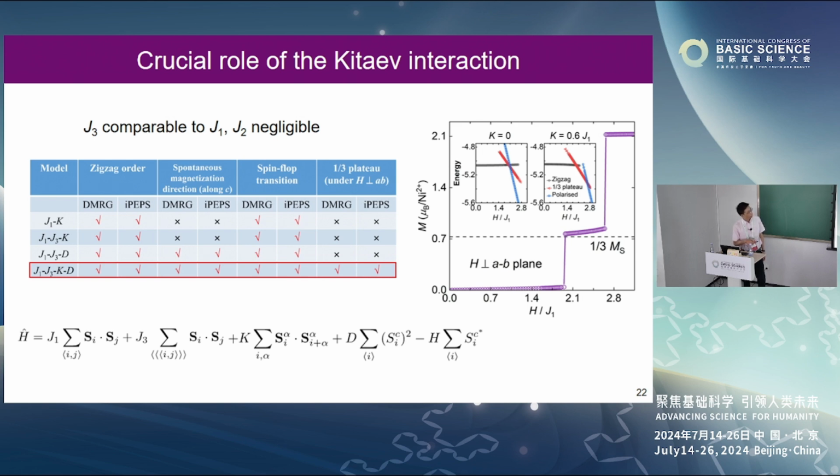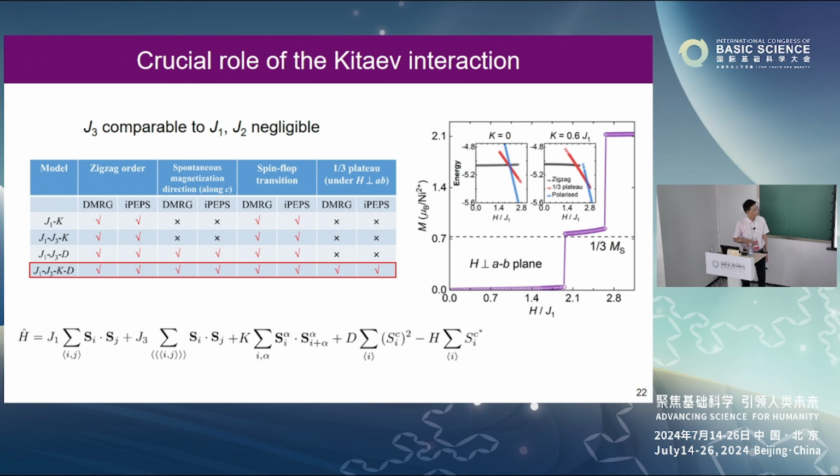If you include a finite Kitaev interaction, you can significantly reduce the energy of this 1/3 magnetization plateau phase and stabilize this kind of fractional magnetization plateau phase.